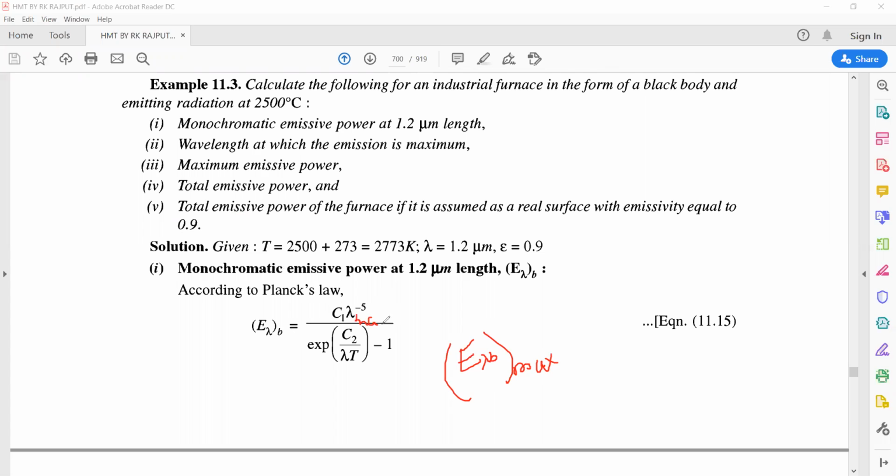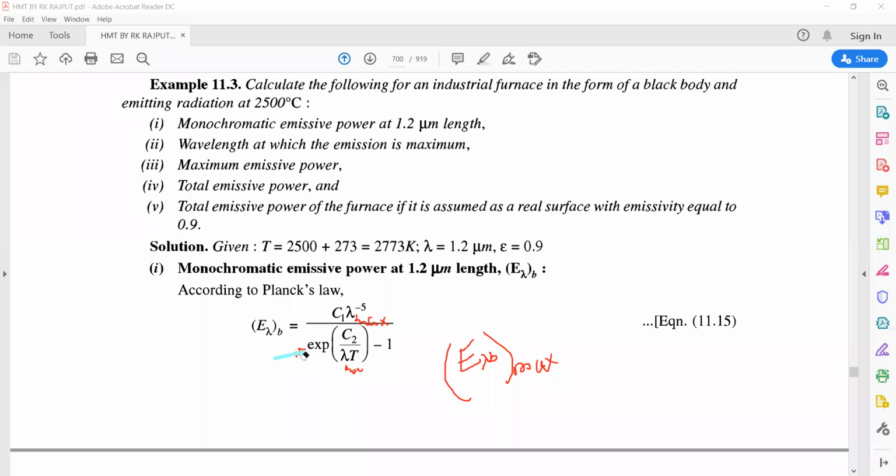Already you have calculated the maximum wavelength in the second bit. So here also take lambda as lambda maximum. C1 and C2 are known. Temperature is also known, and you will get the value of the maximum emissive power, that is E lambda B max. Okay, I hope this is clear.